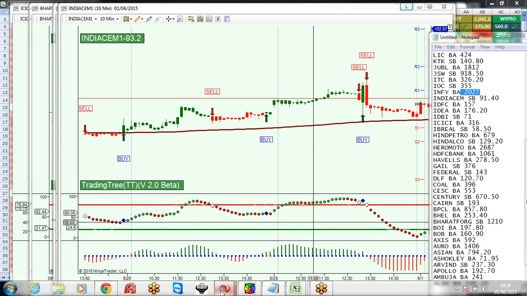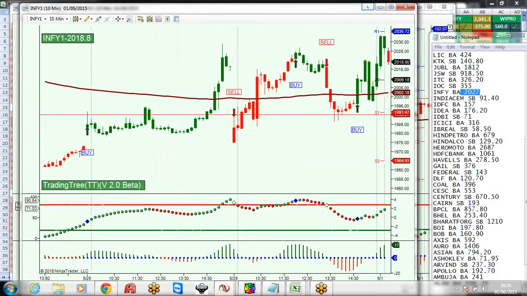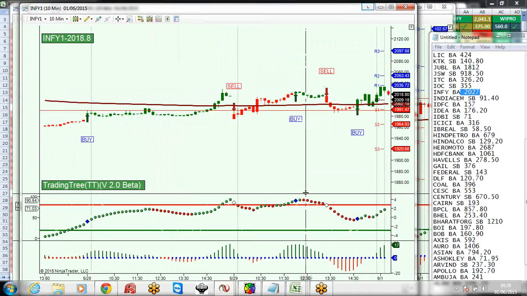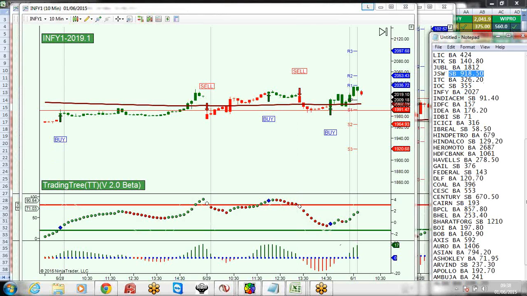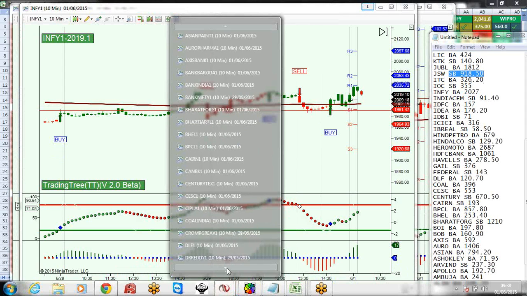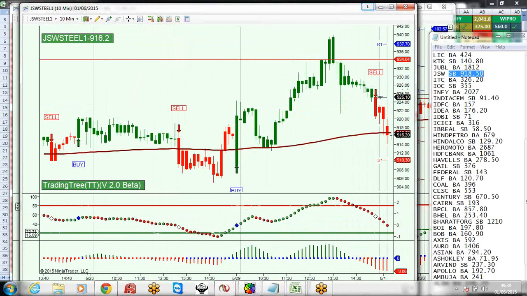Infy 2027 is a buy. No, it made 2035. We'll have to wait on these calls. JSW, we had a short at 918. Now it is at 916.